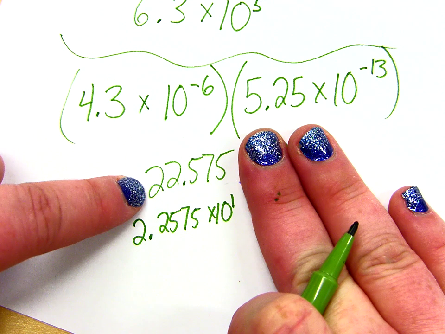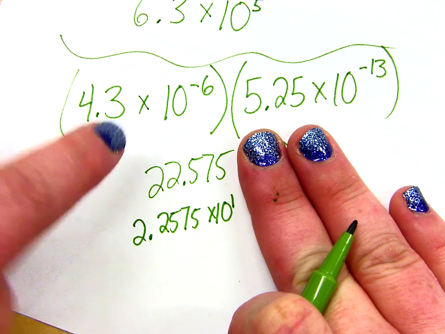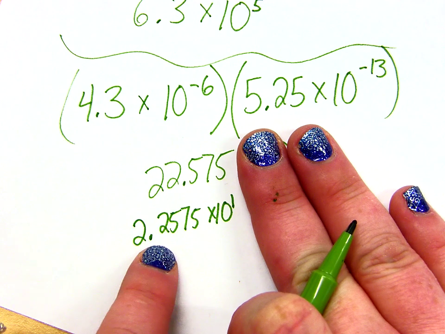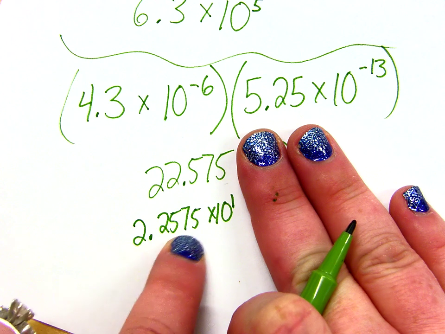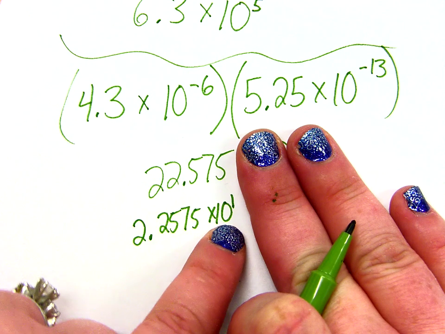If I just gave you the number 22.575 and asked you to write it in scientific notation, you put the decimal after the first nonzero digit, and the number of spaces between the new and the old is only one, and that's bigger than 1, so it's going to be positive.